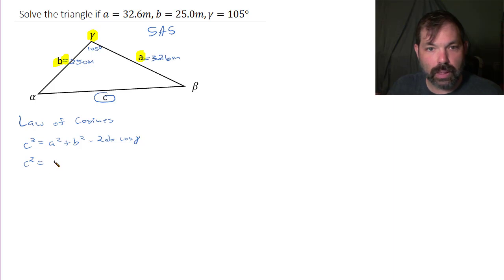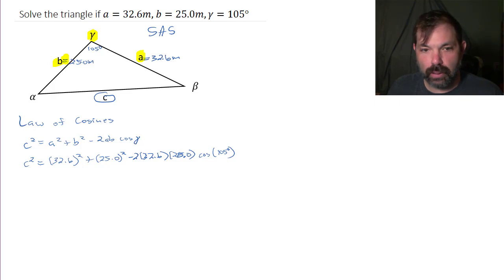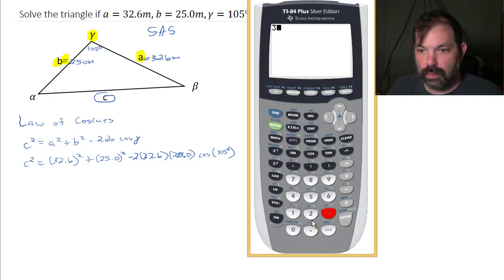c squared is 32.6 squared plus 25.0 squared minus 2 times 32.6 times 25.0 times the cosine of 105 degrees.